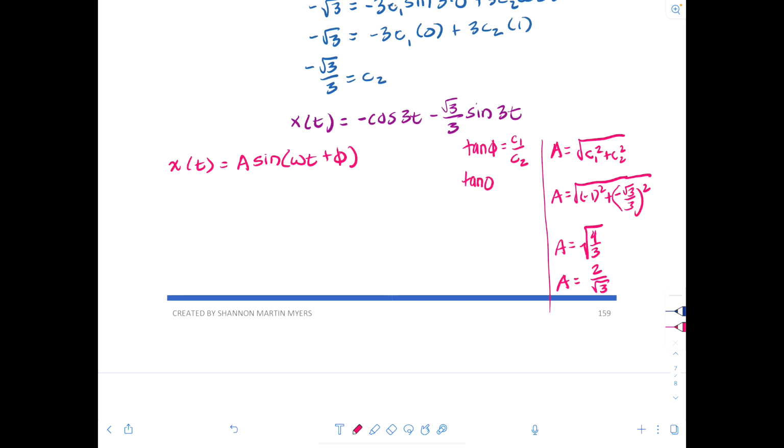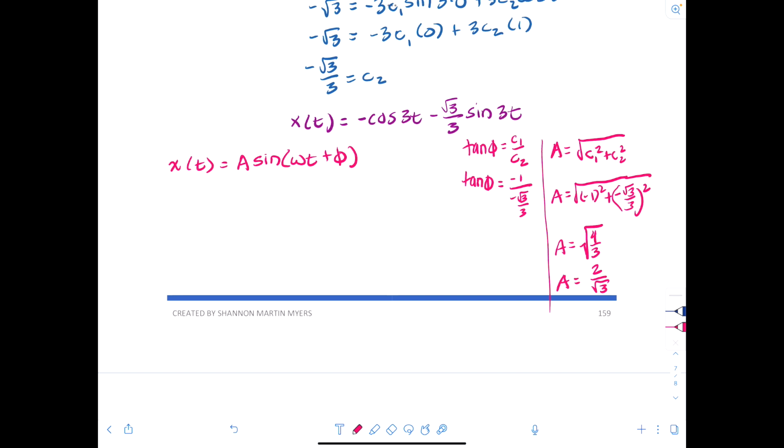Tangent phi is going to be, include your negatives, so -1 over -√3 over 3. And so that means it's in which quadrant? Awesome. It's going to be in quadrant 3, where both the x and y coordinates are negative, right?